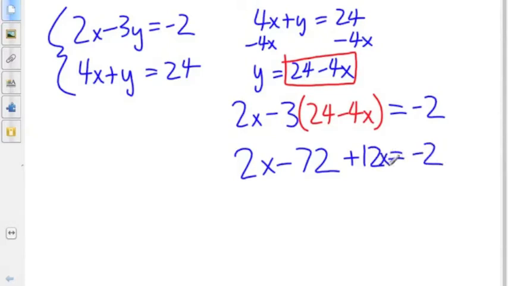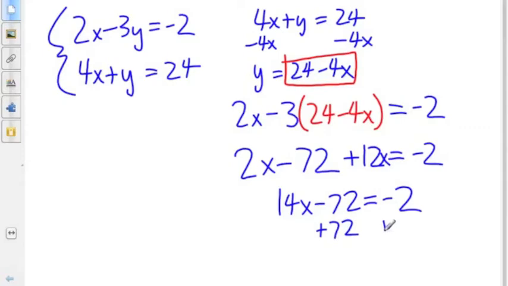Then we just combine like terms, so we have 14x minus 72 equals negative 2. We're going to add 72 to both sides. So then 14x equals 70. Divide both sides by 14. We'll get x equals 5.